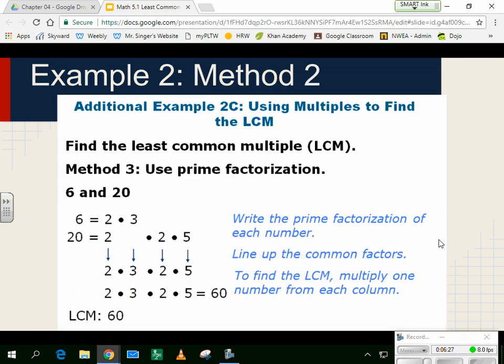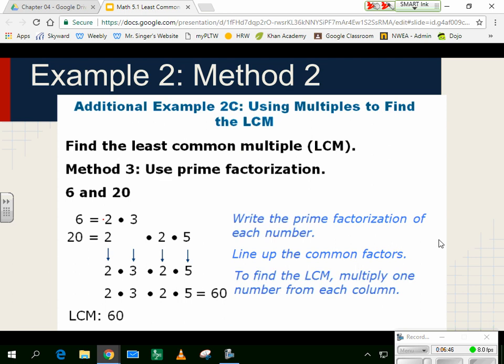Here's the other method. You can use prime factorization. It's pretty similar to using prime factors to find the greatest common factor. First, find all the prime factors of a number. So for 6, it's pretty easy. It's 2 and 3. For 20, it breaks down to 2 times 2 times 5.